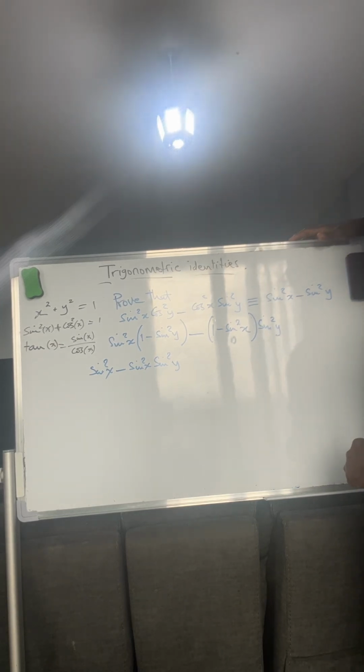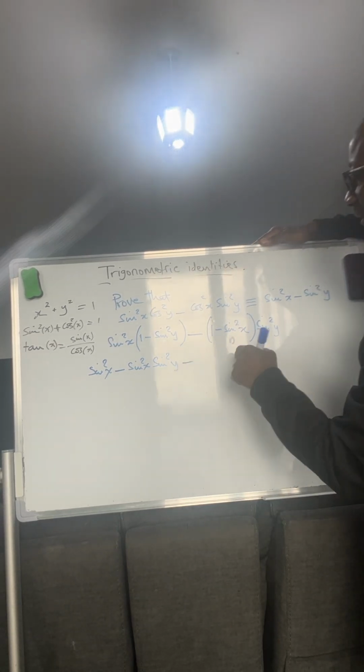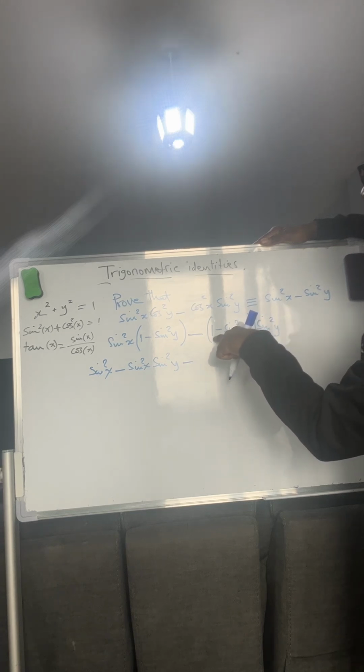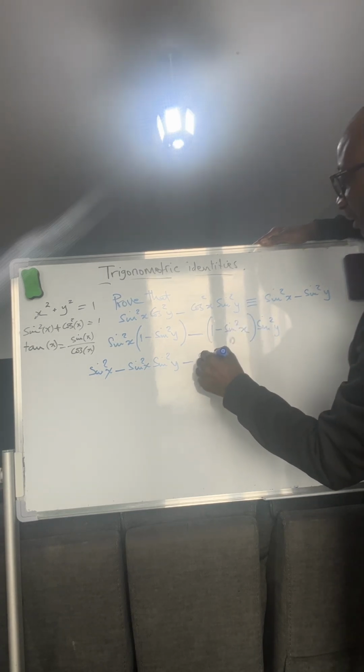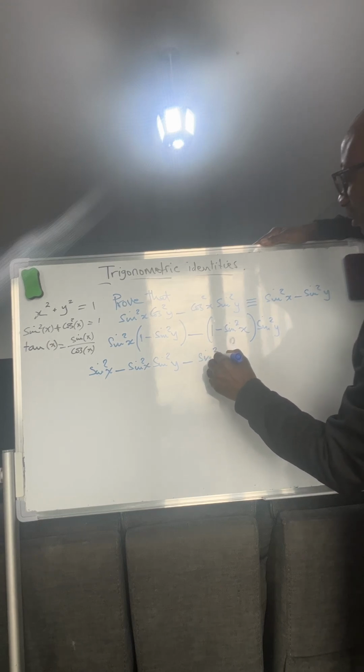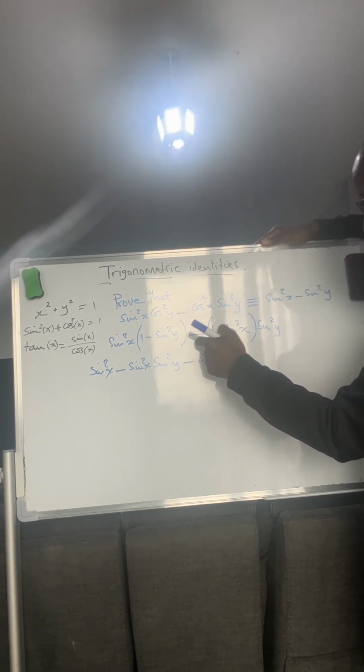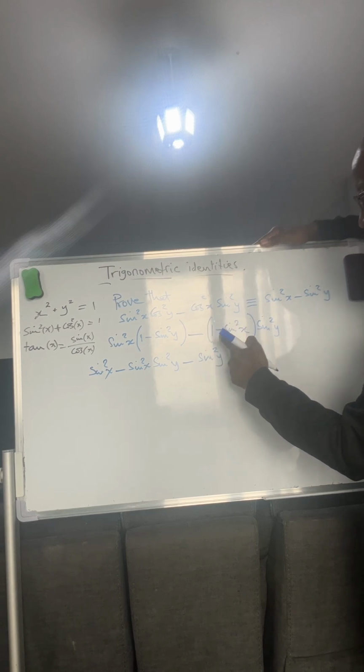Minus sine squared y times 1. So you're going to have sine squared y. Mind you, you have a minus sign here and a minus sign here. Multiply this by this. Now we are going to multiply this by this.